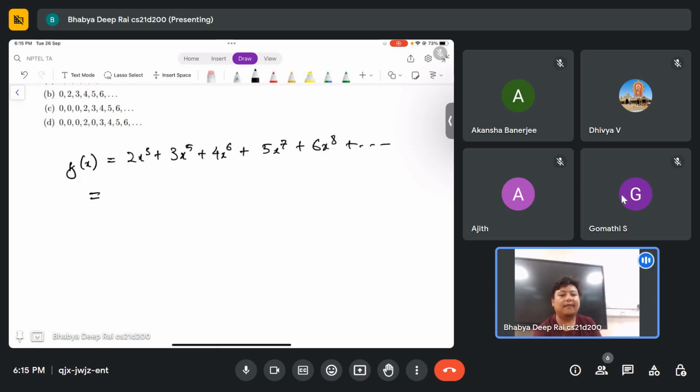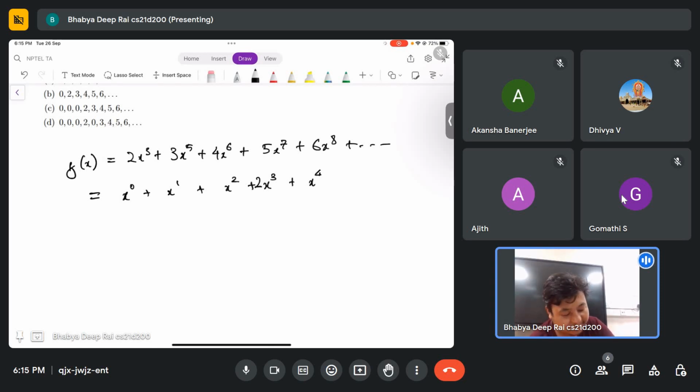Okay, the standard form should have all the degrees, all the powers to say. So what does that mean? I need something times x to the 0 plus something times x to the 1 plus something times x to the 2, something times x to the 3. Okay, but we already know 2 times x to the 3 is there, plus x to the 4 we don't know.